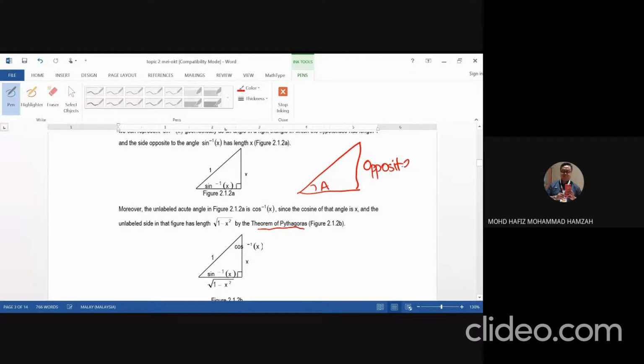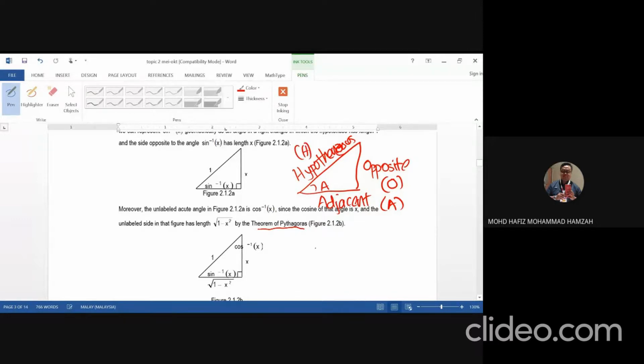Dan ni adalah adjacent. Ini adalah hypotenuse. Selalunya kita pakai O je kan. Sini O, sini A, sini H.